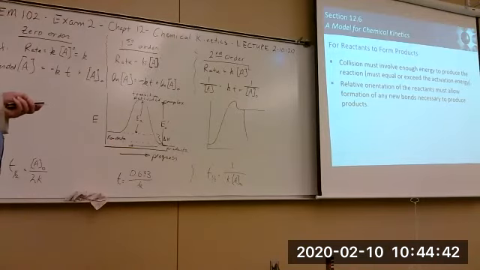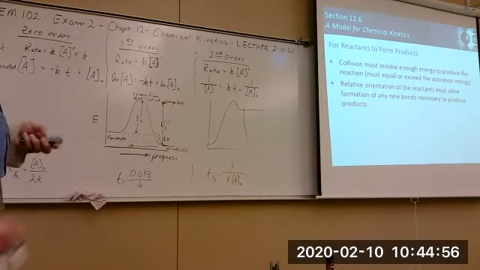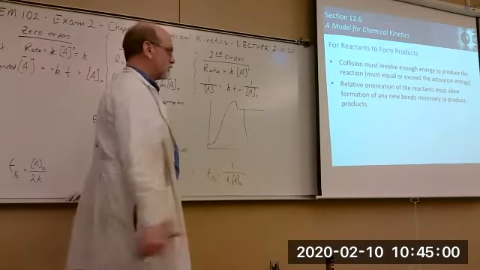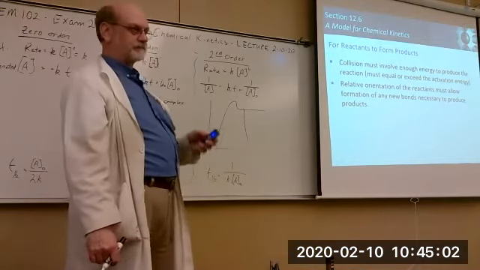So we said this before. You have to have enough energy to produce the reaction. It has to equal or exceed the activation energy. Then you have to have the correct orientation of your reactants in their elementary steps in order to produce the new bonds.